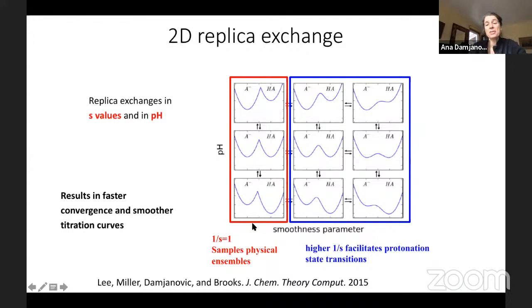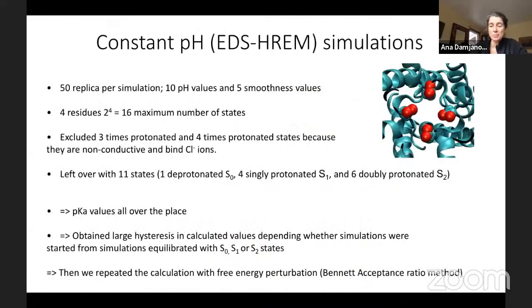And we also have replica exchange in smoothness parameter, which is going to facilitate transitions between different states. So this method results in faster convergence and smoother titration curves. This work is actually the first application of this method to a big protein system.